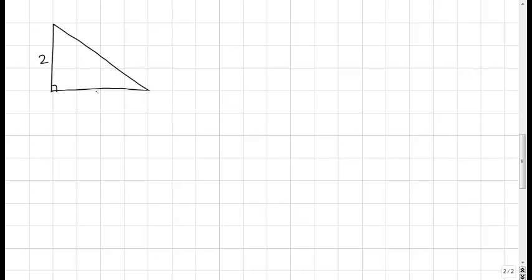So here's 2 and 3, and again we can label our triangle. So we're trying to find c once again, and we know that c squared is equal to 2 squared plus 3 squared. Well, that's 4 plus 9, which is 13, and therefore c is equal to the square root of 13, which is an irrational number.